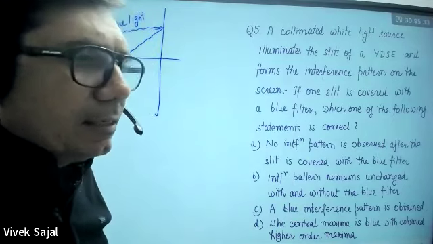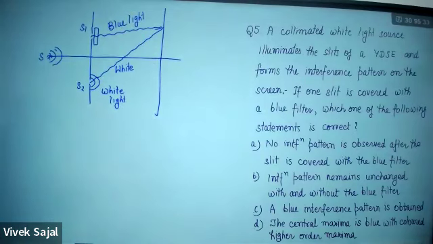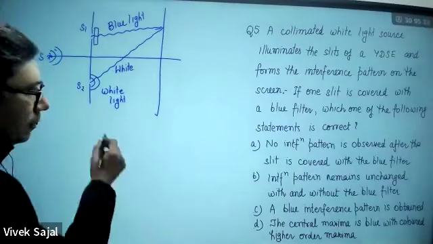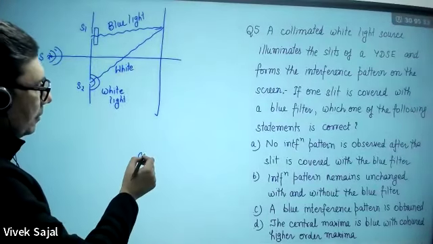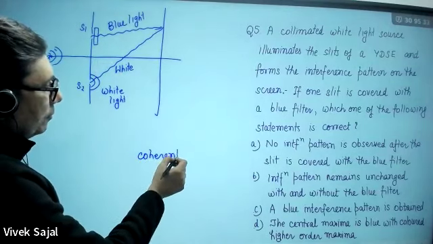Can you tell me what is the condition for coherent sources to form the interference pattern? To form the interference pattern, two sources should be coherent. You should have coherent sources.